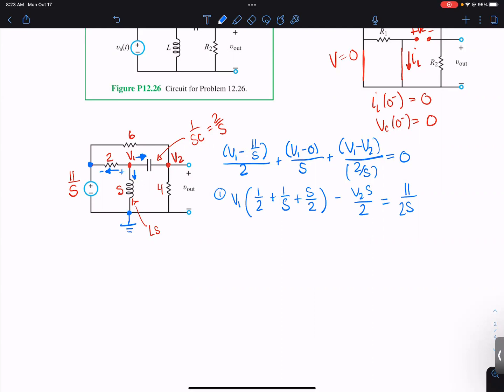All right, my second equation is going to be this current and this current. So the one through the 6 ohms: V2 minus what?